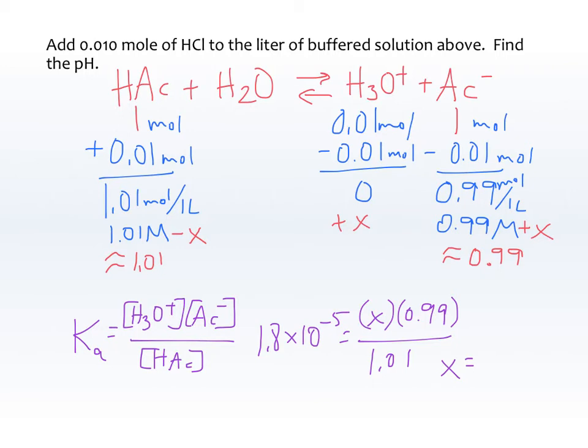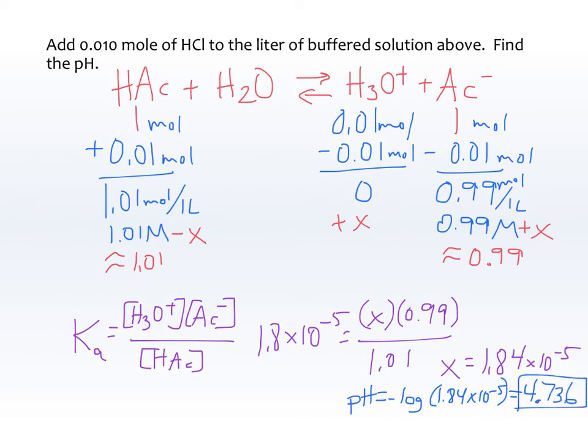X is equal to 1.84 times 10 to the negative 5. If you take the negative log of that, you end up with 4.736, which is pretty close to the 4.744 that we had just a second ago.